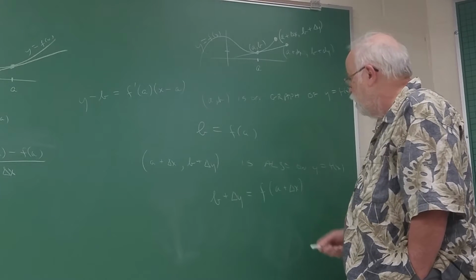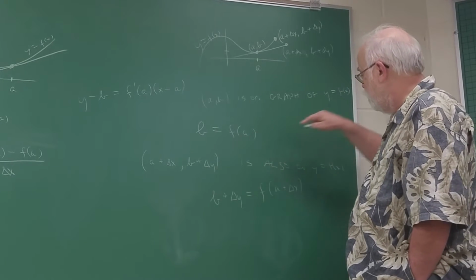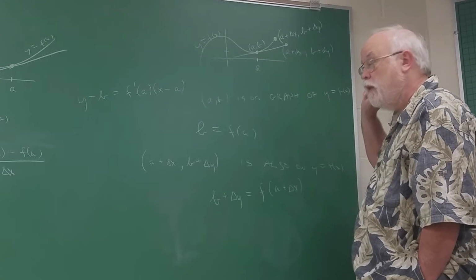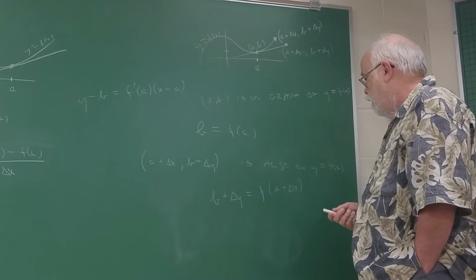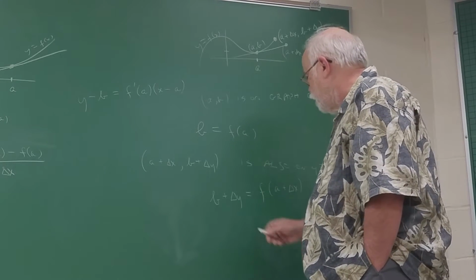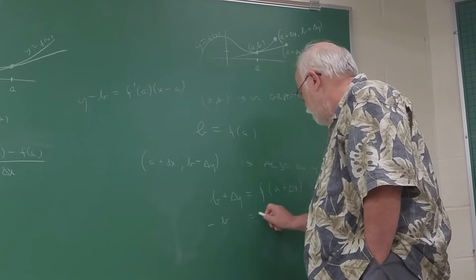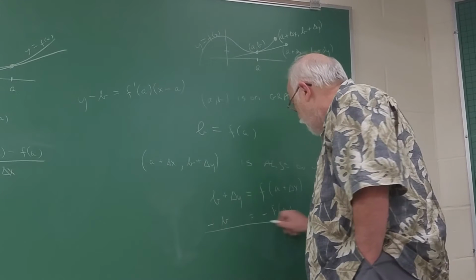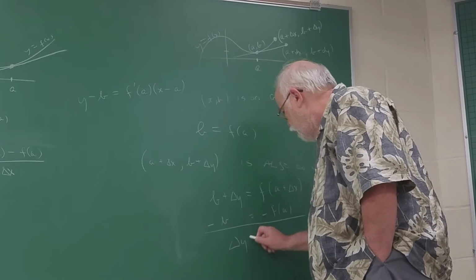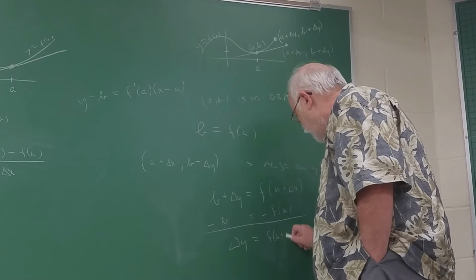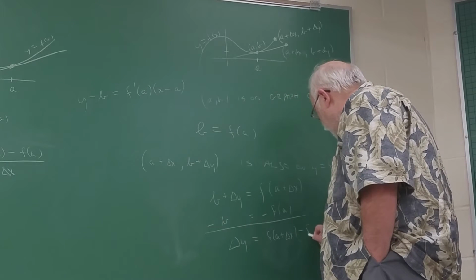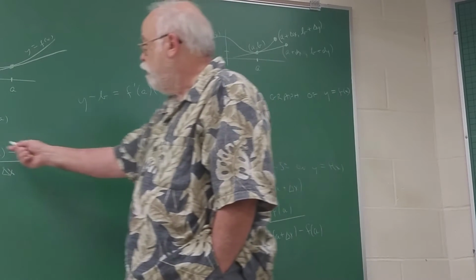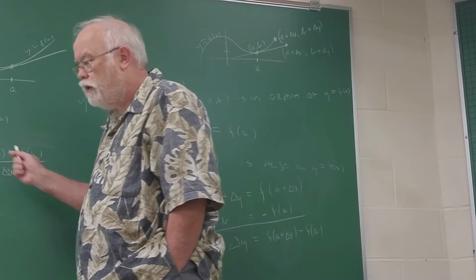There we go. So I'm just plugging this point into this equation. This is the equation of the entire curve. Okay? And when I subtract these two, then I get that delta y is f of a plus delta x minus f of a. That's the numerator in the difference quotient.